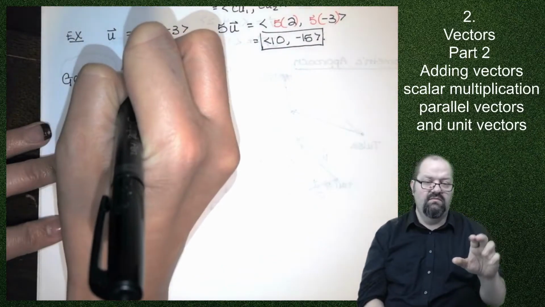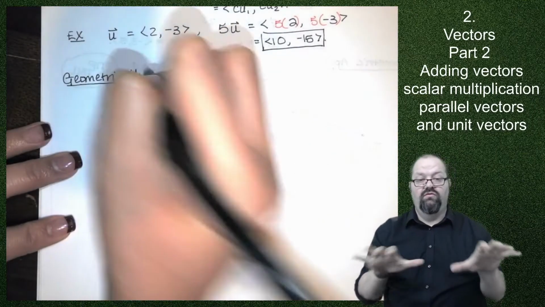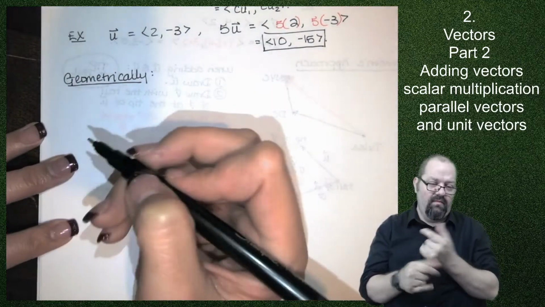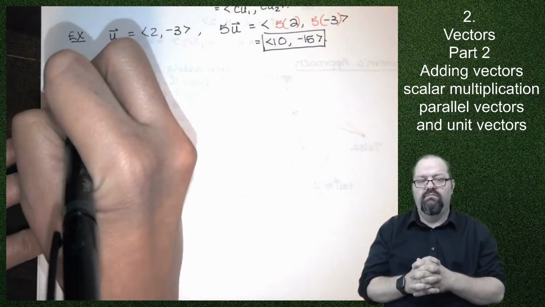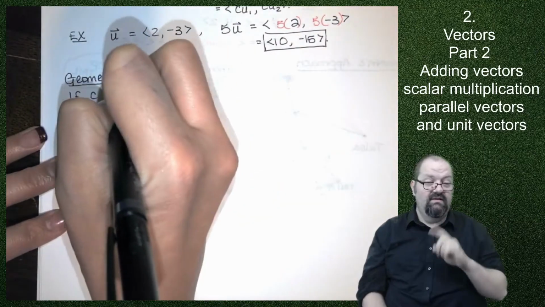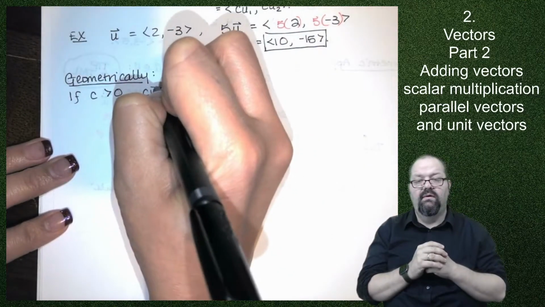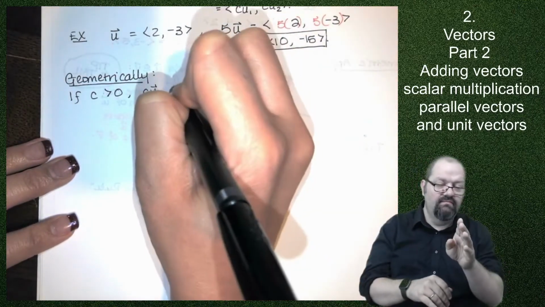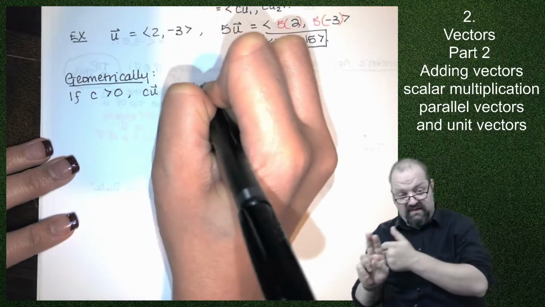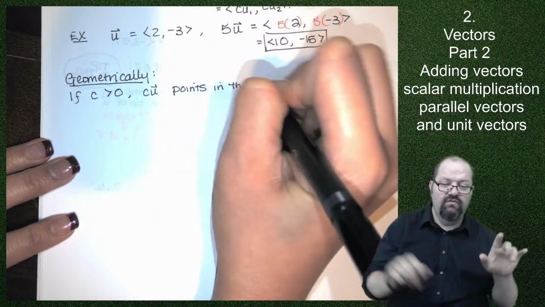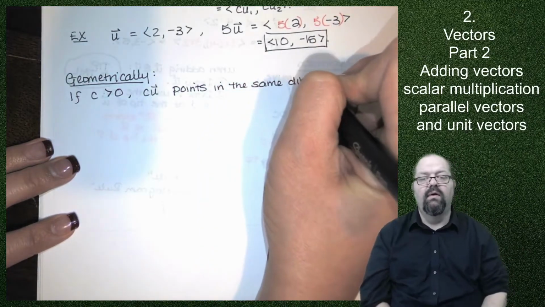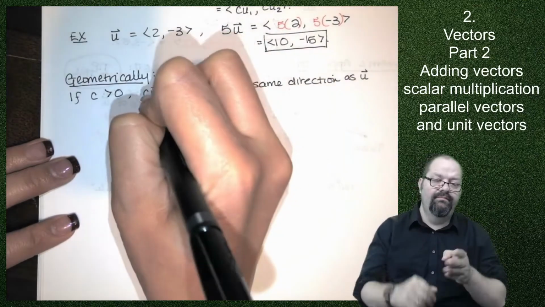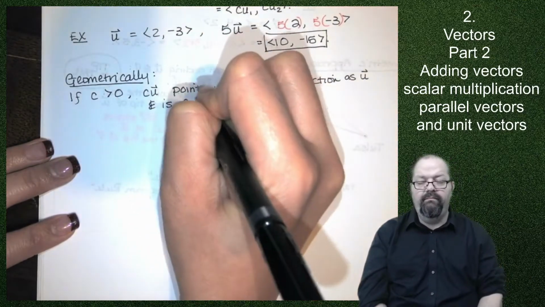If I want to interpret the same idea geometrically, let's talk about it. If c is positive, c times u points in the same direction as u. So they have the same slope. And it is c times as long.